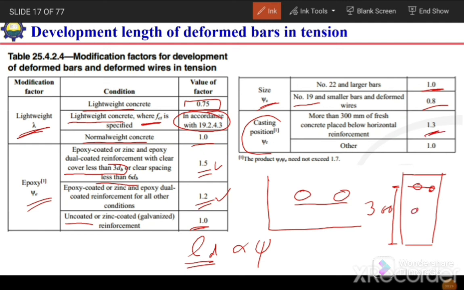And if it is over here and this distance is less than 300 millimeter, in that case its value will be 1. So for top bars, most of the time when the depth below the bar is more than 300 millimeter, we will increase the development length by 30%. And we have discussed why we need to increase.